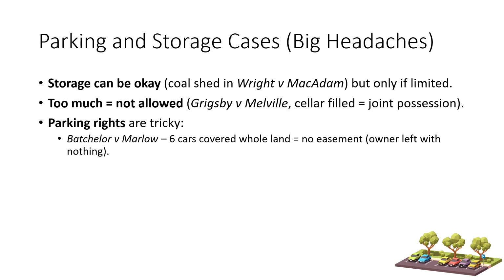And the dominant owner, so the person benefiting from the easement and right of access really, then stored 6 cars on that land, so the whole land was covered. And the other person, the servient owner, then couldn't do absolutely anything with the land anymore. They couldn't access it. They were absolutely left with nothing. And so the court said that's going a bit too far.